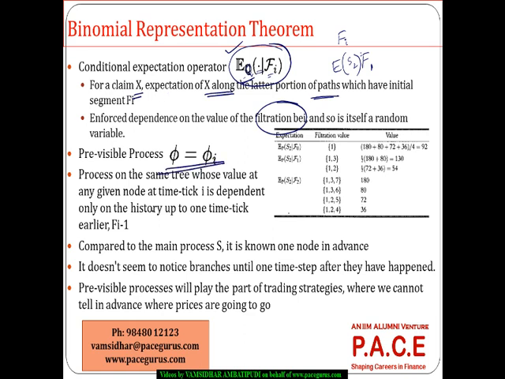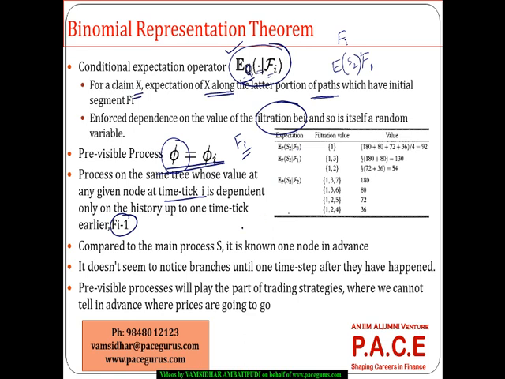Then we are talking about a previsible process phi. The only difference between the previsible process and the filtration is that I will not have the value of Fi. I'll know the values only up to Fi minus 1. So it is a process on the same tree whose value at a given node at time i depends only on the history up to one tick earlier.